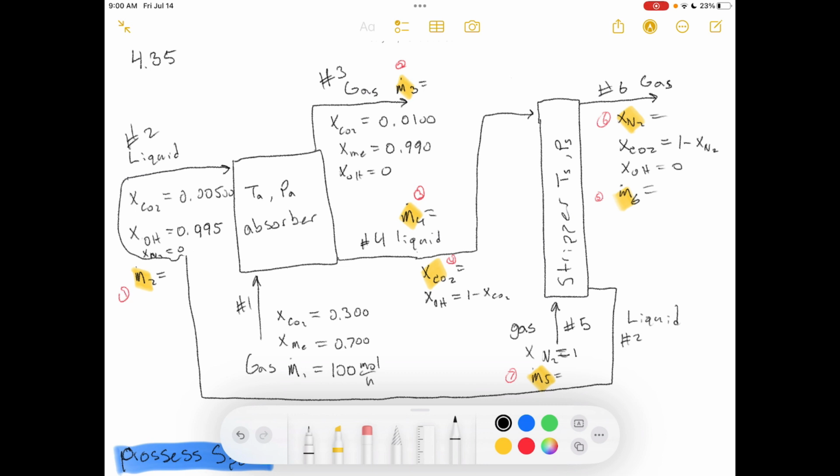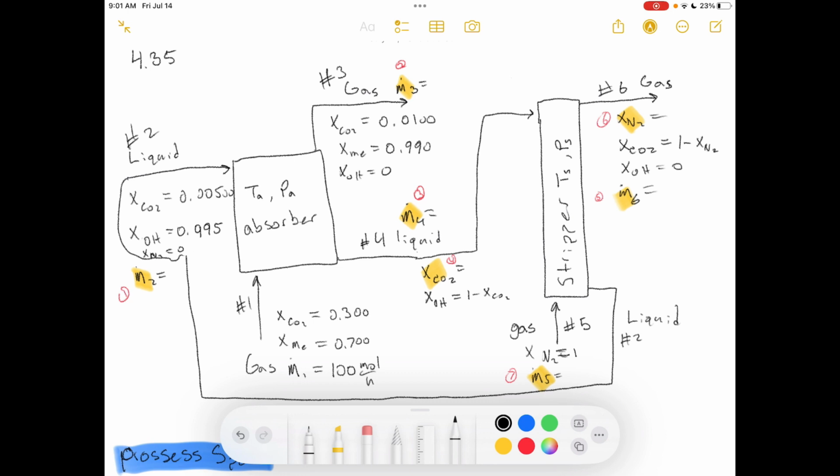A process consisting of an absorption tower and a stripping tower is used to separate the components of a gas containing 30 mole% carbon dioxide and the balance methane. A stream of this gas is fed to the bottom of the absorber. A liquid containing 0.5 mole% dissolved CO2 and the balance methanol is recycled from the bottom of the stripper and fed to the top of the absorber.